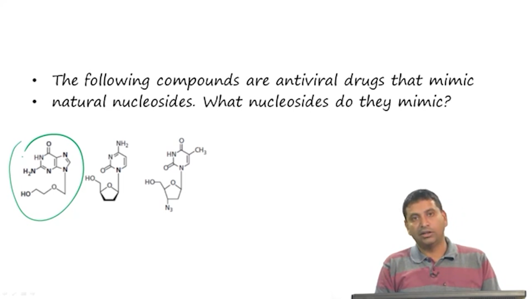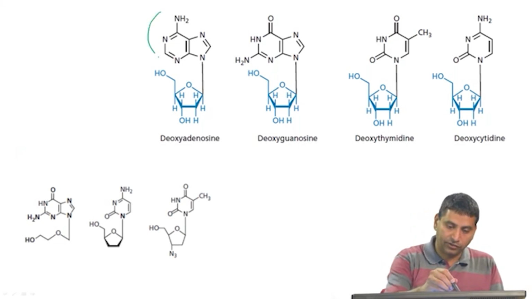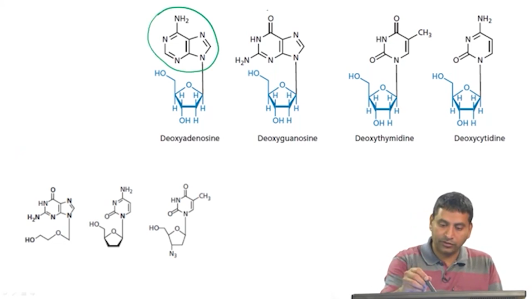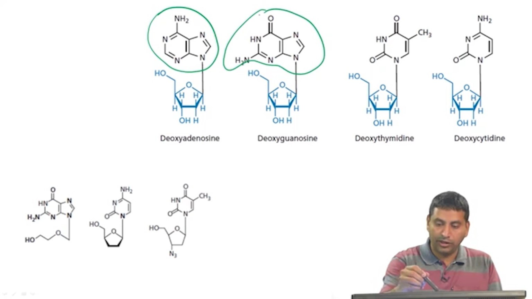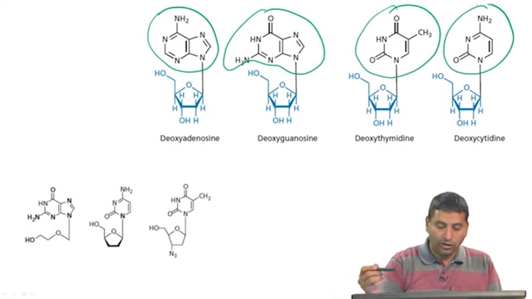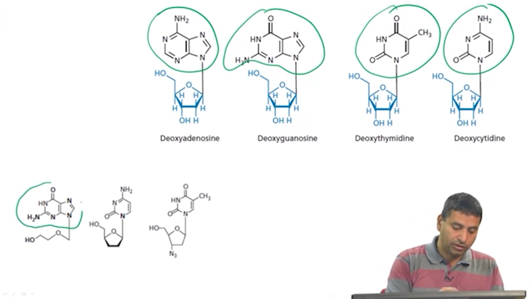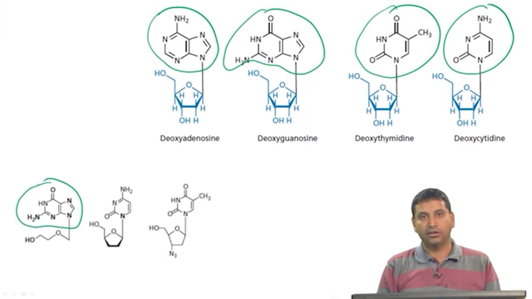In order to answer this question, let us first draw out the natural nucleosides that are present. We see here that this is the structure of adenine, this is the structure of guanine, this is the structure of thymine, and this is the structure of cytidine. So, let us start with the first example. Here this compound looks like guanine.